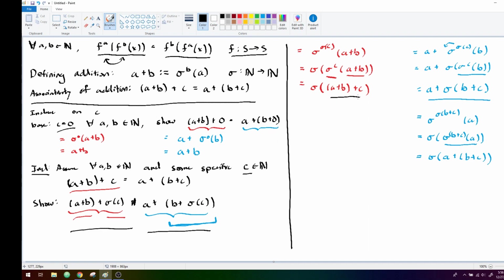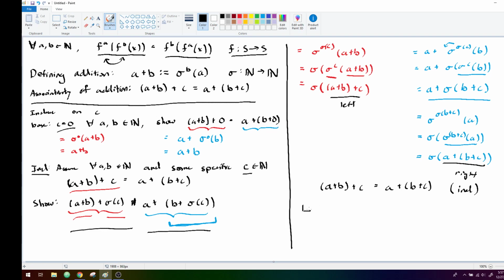You'll notice that this is the left, and this is the right. Now, by our inductive hypothesis, we assumed that, and I'm just going to rewrite it here for emphasis, we assumed that this equality is true, and that was because of our inductive hypothesis.